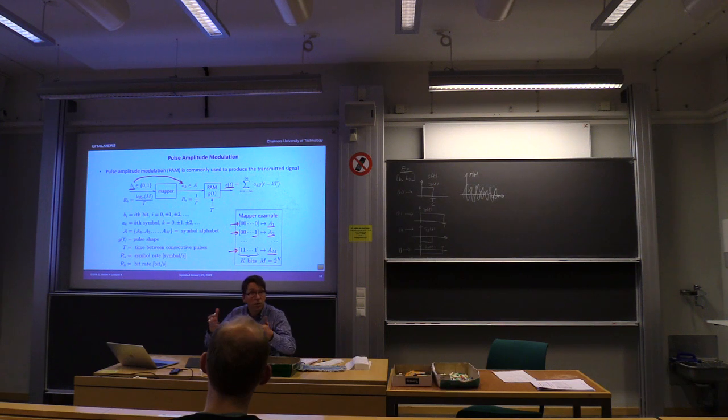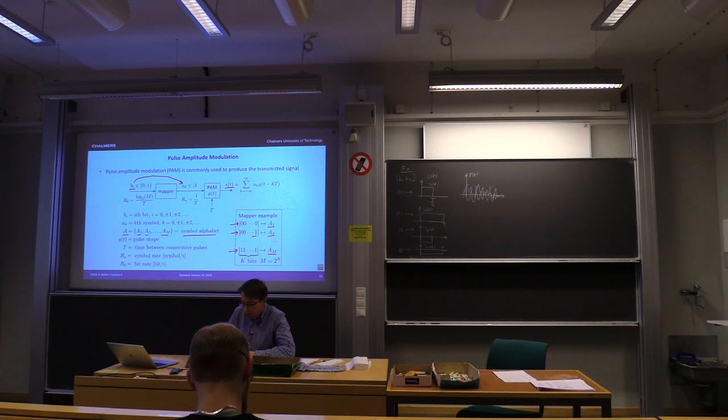They could be different amplitudes, but they are distinct. We will see later on what a good choice of amplitudes is, but for now, they're just some amplitudes. And we put these amplitudes into a set that we call the symbol alphabet.